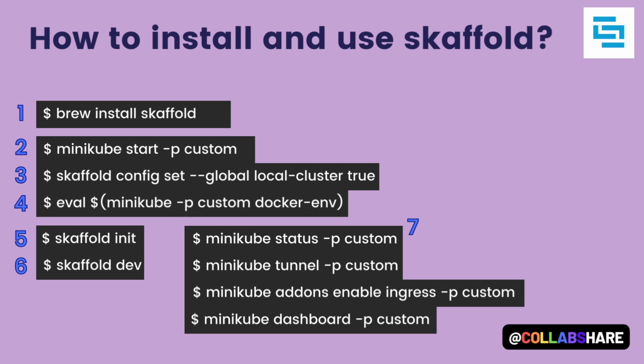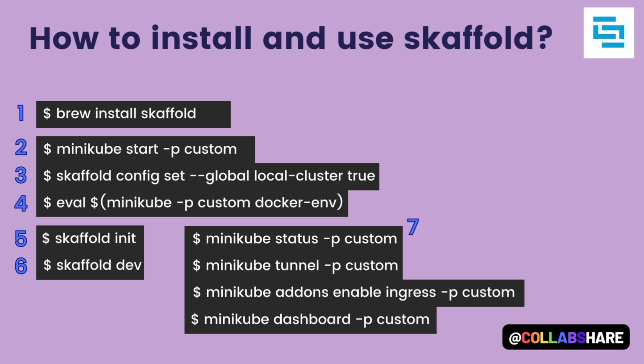The second command is used to start a Minikube cluster with the name custom. This is a custom profile for starting our Minikube. This is just the name of our profile.